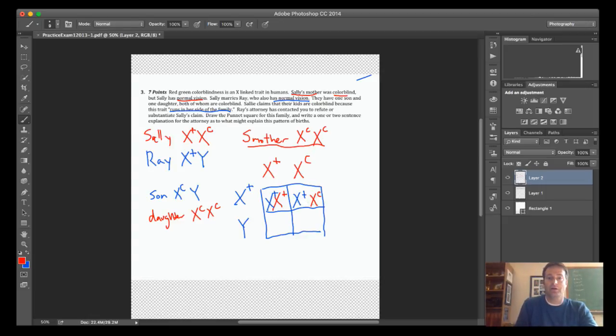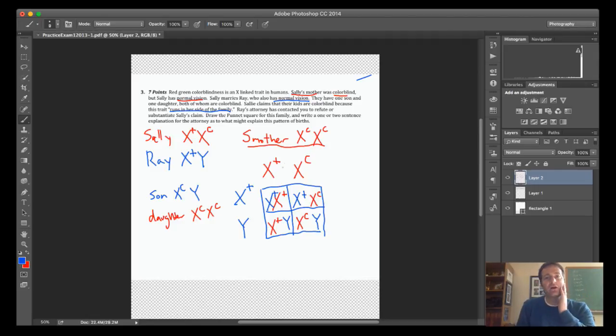One would be a carrier here, and one would be homozygous for the wild-type allele. Let's have a look at the sons. So in this case, the son is going to inherit the wild-type X from mom, and a Y, because he is a son, from the dad. And here, a son would inherit the colorblindness X from mom and a Y from dad. Notice I'm not using the name Ray here.